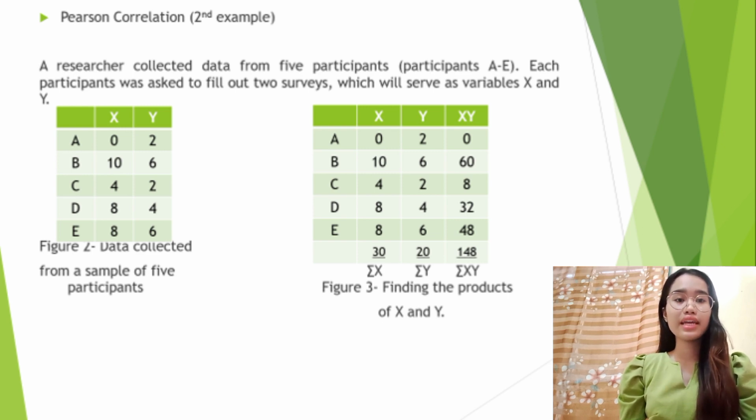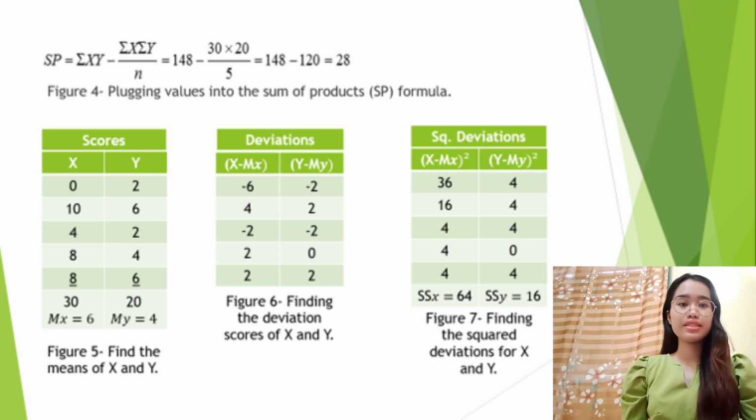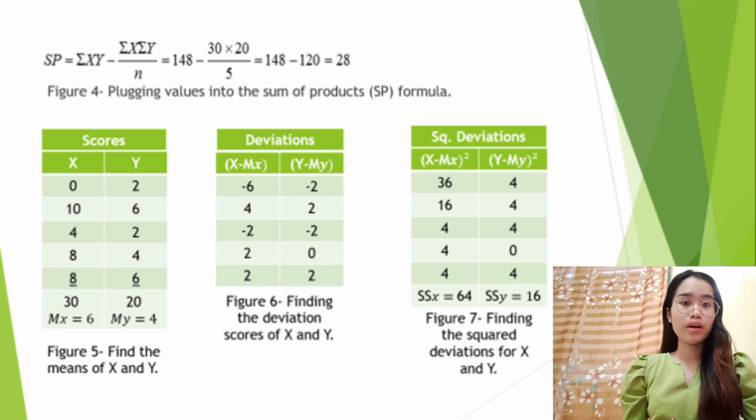Figure 3, finding the products of x and y. Now, simply plug those summed values into the formula for SP to get the new sum of products value. See Figure 4. Figure 4, plugging values into the sum of products SP formula.